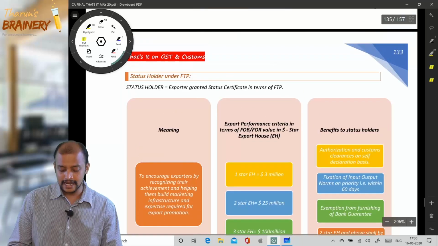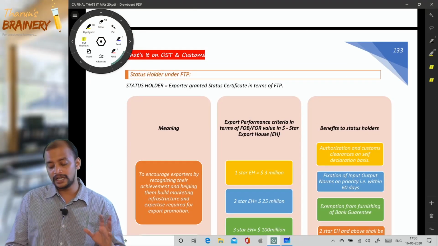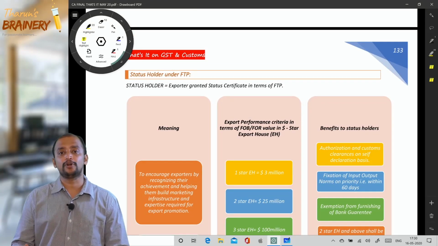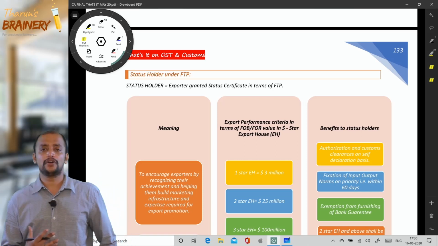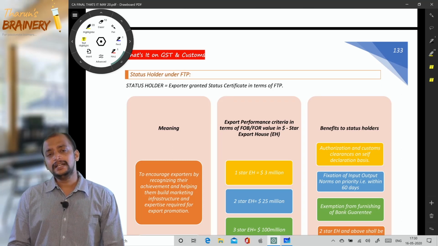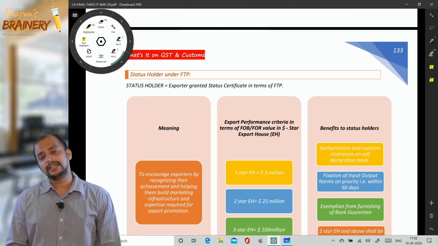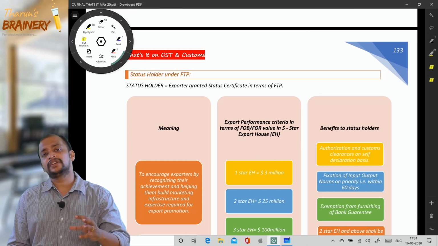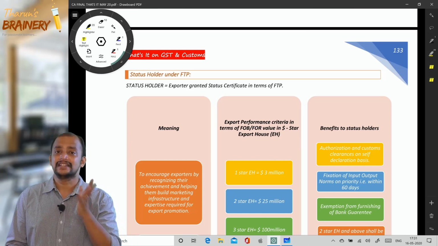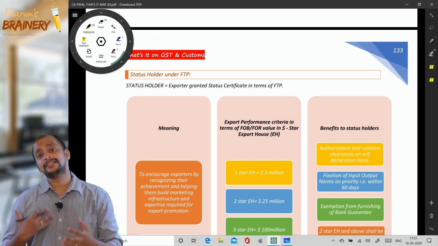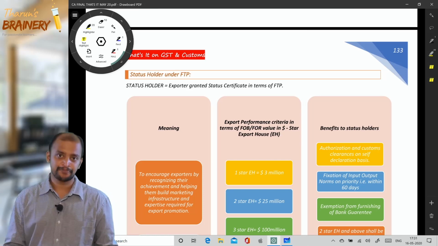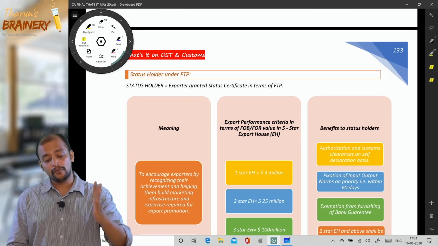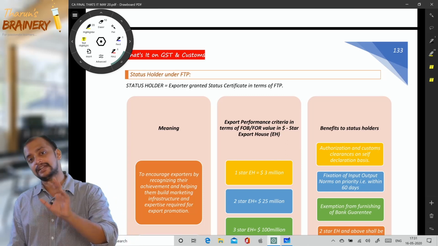The next area is status holder under foreign trade policy. What is this status holder scheme? Under foreign trade policy, certain exporters are given star status. Depending upon their star status, they are eligible for various benefits, and we have 1 star to 5 star status.